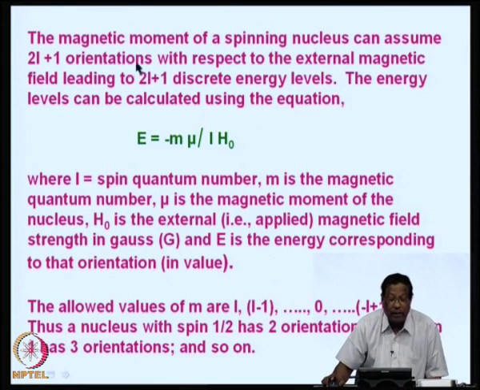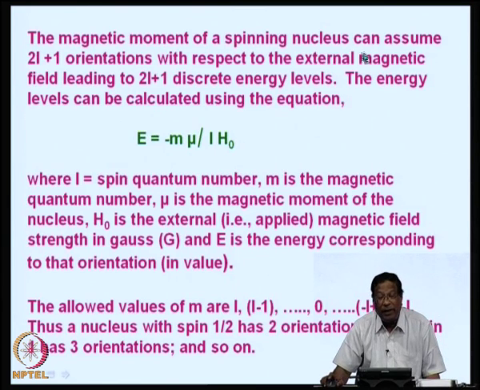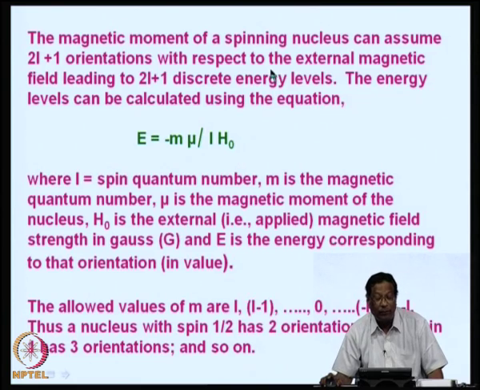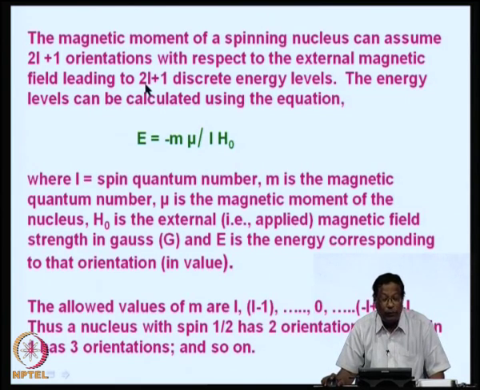Nowadays, 13C NMR is also gaining a lot of prominence, and commercial 13C NMR spectrometers are available. So, the magnetic moment of a spinning nucleus can assume 2I plus 1 orientations, as I was telling you, with respect to the external magnetic field, leading to 2I plus 1 discrete energy levels.